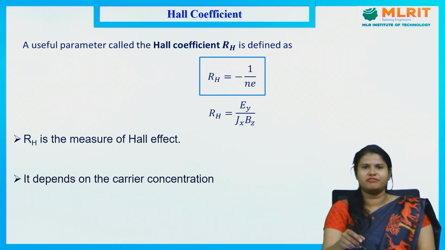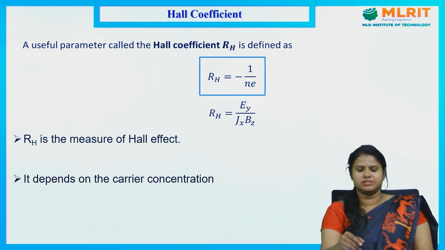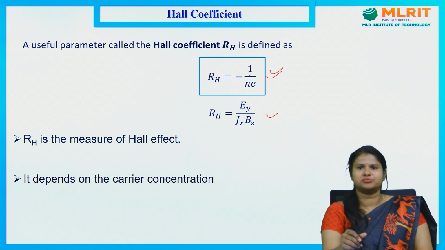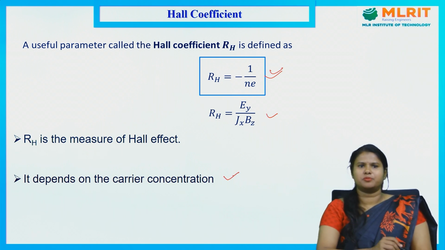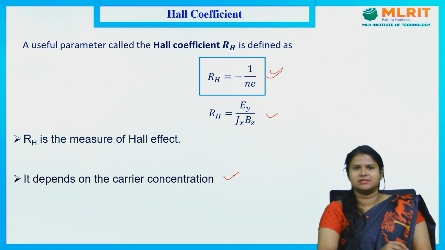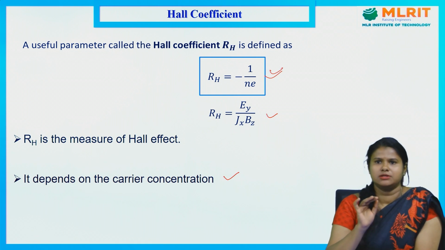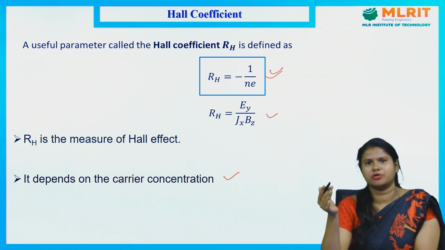So, the value of RH is Ey by Jx into Bz. And from this equation, we can see RH is equal to minus 1 by Ne. So, this RH is inversely proportional to the carrier concentration, as e is the charge of electron and it is a constant, 1.6 into 10 to the minus 19 coulomb.